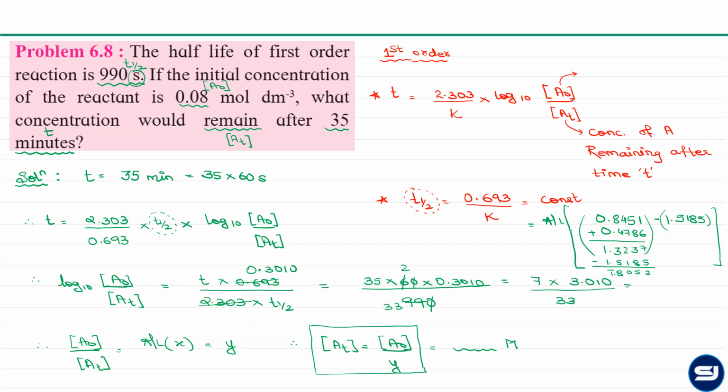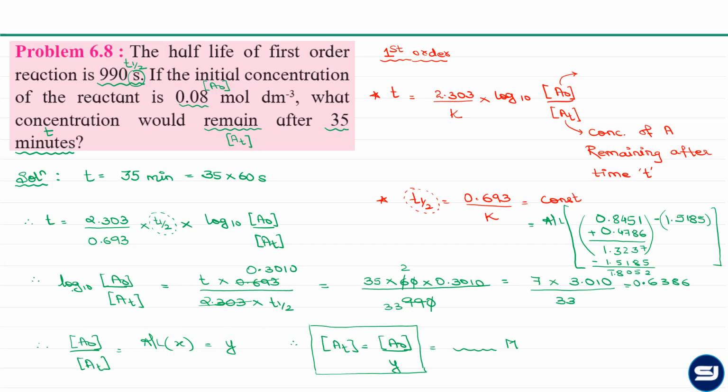Yes, sir. Now calculate antilog of 80 का 5 का 2. 6386. And into 10 raised to minus 1 जब करोगे, this will become 0.6386. Yes, sir. मतलब 7 into 3.010 divided by 33 is this.